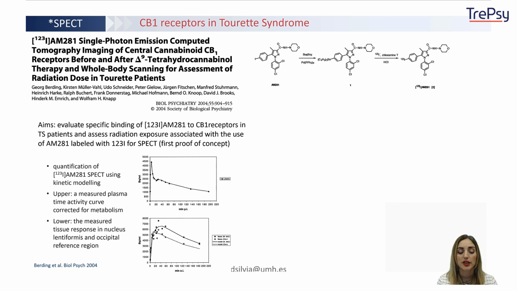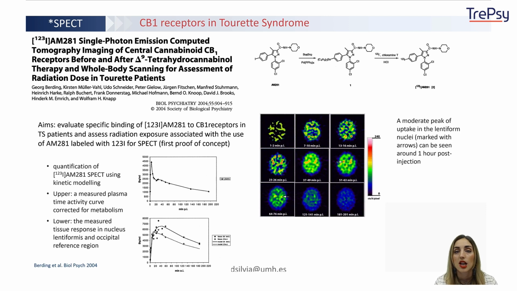And in the lower graph, there is the measured tracer response in one area of the brain, which we're specifically interested in, which is the lentiform nucleus, and also the occipital region for reference. You probably can see, well, there is an arrow, a moderate peak of uptake in the lentiform nuclei, which is where the arrow is, around 1 hour post-injection.